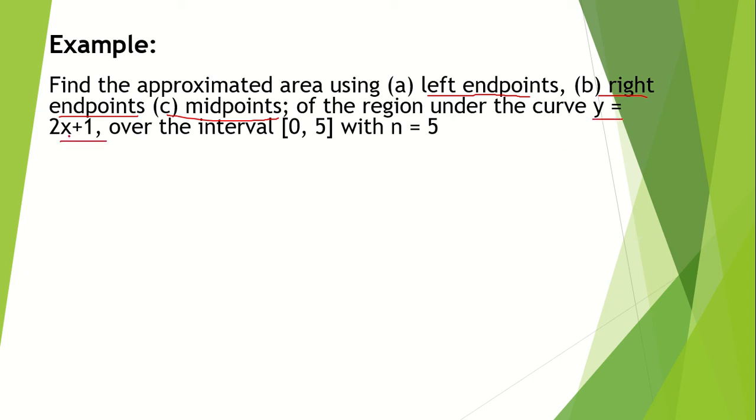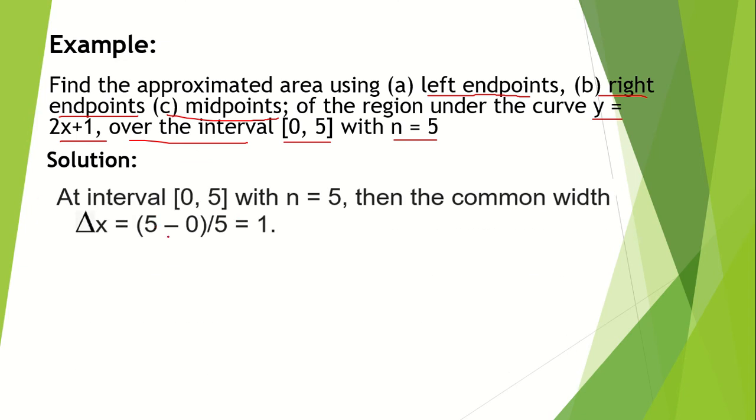This is a line whose slope is positive 2, so it is increasing to the right, over the closed interval [0, 5], with n subintervals. So there will be 5 vertical rectangles. Here's the solution.